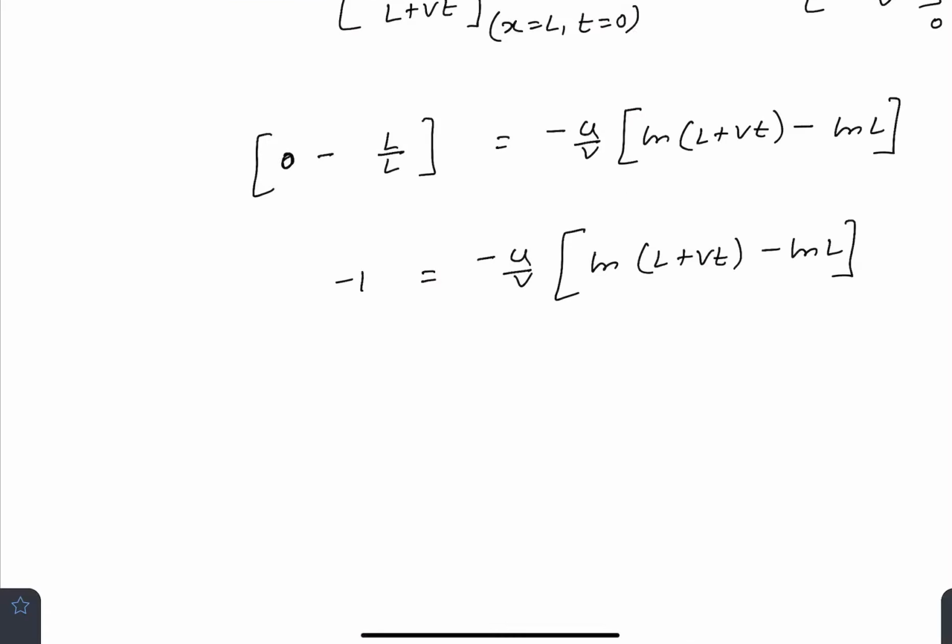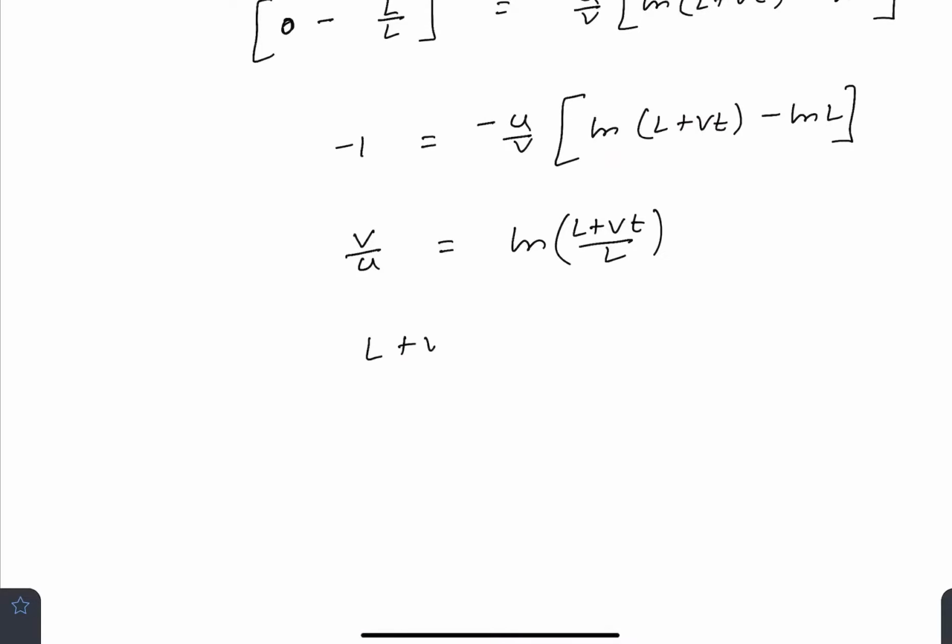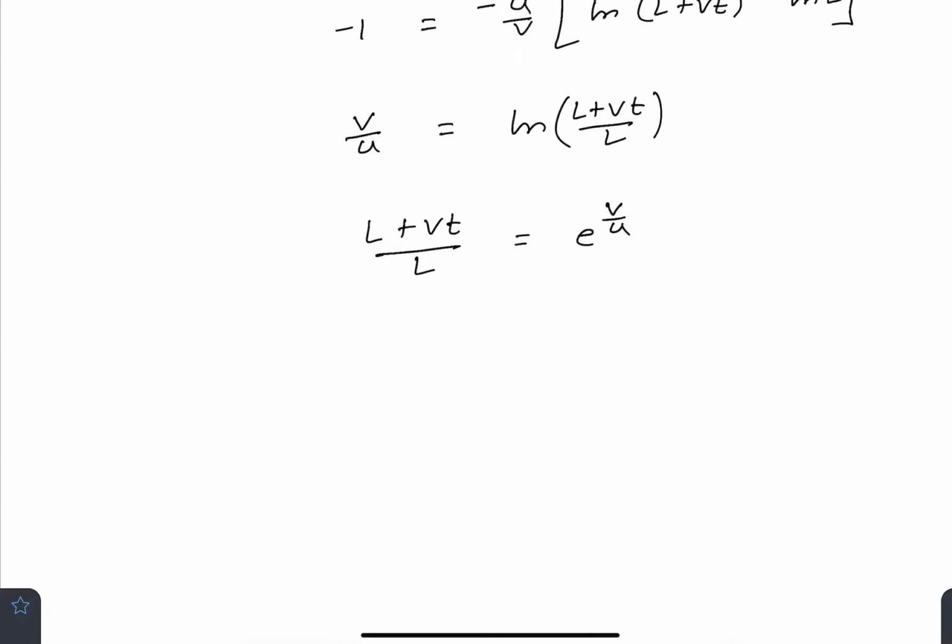Or we could write here v upon u is ln of (L plus Vt) upon L, or (L plus Vt) upon L is e raised to v upon u. L plus Vt is equal to L e raised to v upon u.